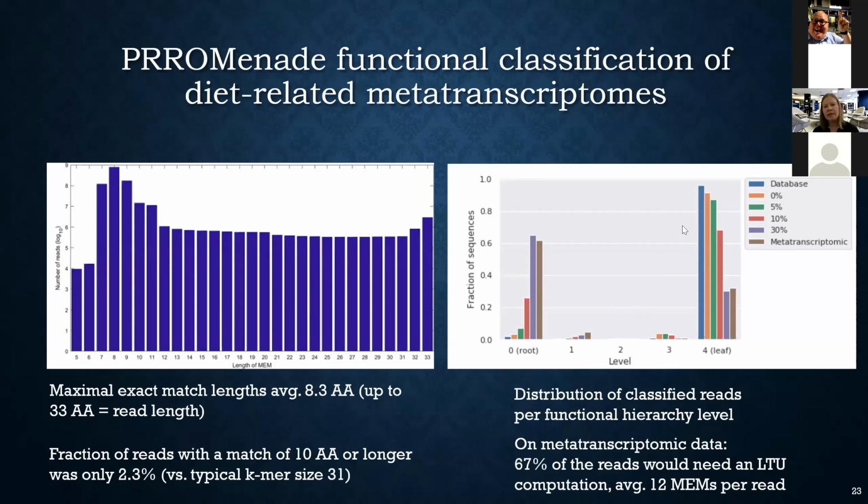In this case, as you increase the error rates, the fraction of reads going to the leaf starts decreasing, and the metatranscriptomic reads in this aspect look more like the reads with 30% distance from the database, which maybe reflects what we're actually seeing, because a lot of the microbiome still remains unannotated and uncharacterized. And on this data, indeed, two-thirds of the reads would need the LCU computation.